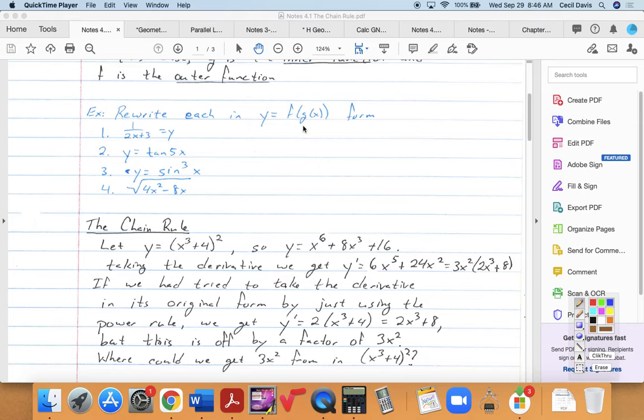One of the things that you're frequently going to have to do is spend a little bit of time rewriting the function as a composite function. So for example, if we take a look at this first one, if we have 1 over 2x plus 3 is equal to y, how can we write that in composite form?